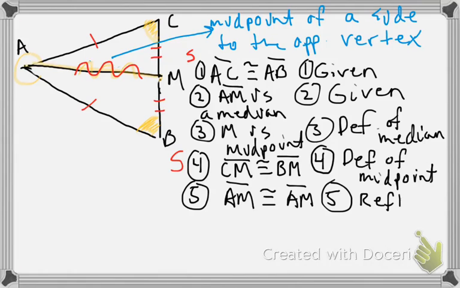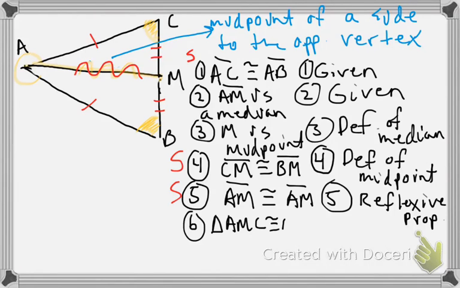Reflexive property. And that gives us our third S. So we can then say triangle AMC is congruent to triangle AMB by side, side, side.